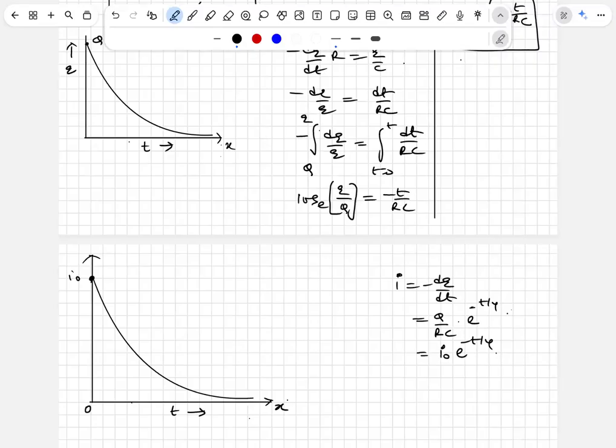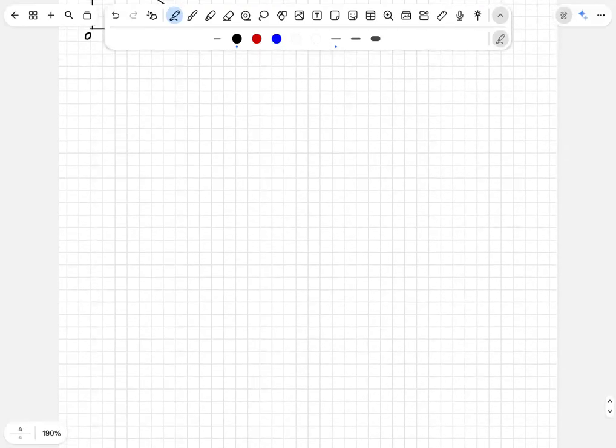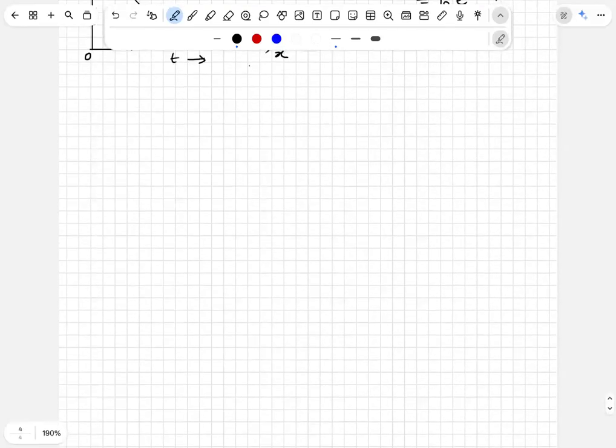But sometimes what will happen in some circuits, you won't see a direct RC circuit, you may see some complex circuits. For example, I'll just take a direct example.